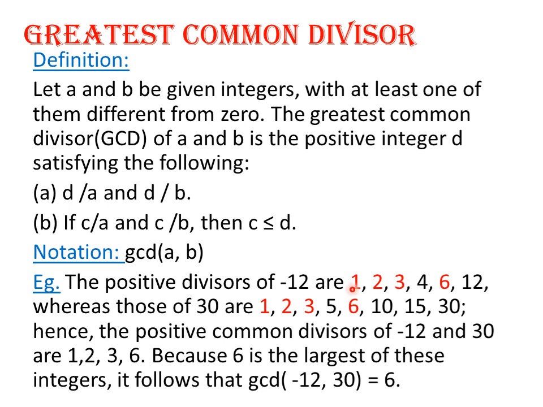Among these, the common divisors are 1, 2, 3 and 6. Among all these common positive divisors, 6 is the biggest. Therefore, the GCD of minus 12 and 30 is 6.